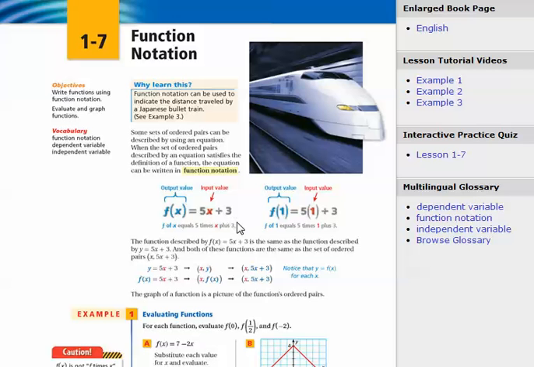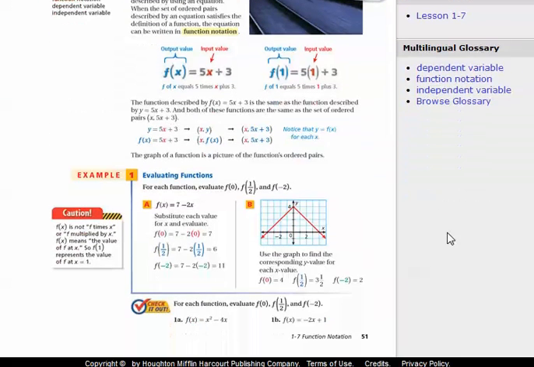It's your y values. All right, so you're going to have some problems that are going to look like this, and they're going to ask you to evaluate f of, and then they're going to give you different x values. As you can see here in this example, we're plugging 0 into the function for x, calculating it out, and the number that we get out is what it equals.